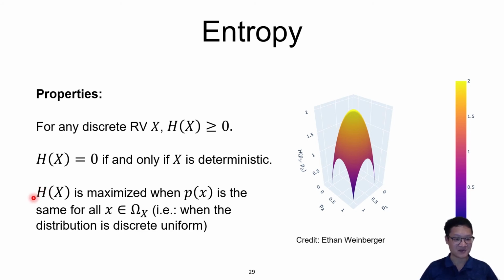The other extreme is when entropy is maximized. This is when we have a discrete uniform distribution. In the case of the coin toss, a coin that maximizes entropy would be a fair coin, so a 1/2 chance of flipping heads or tails.